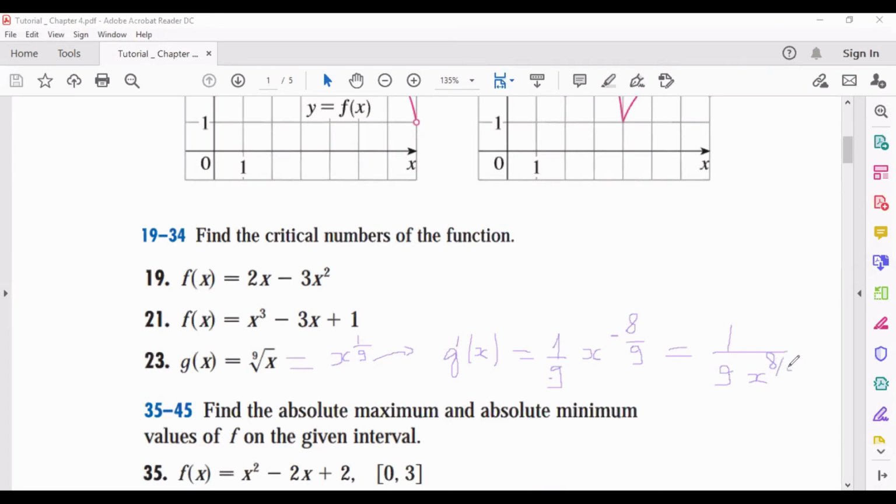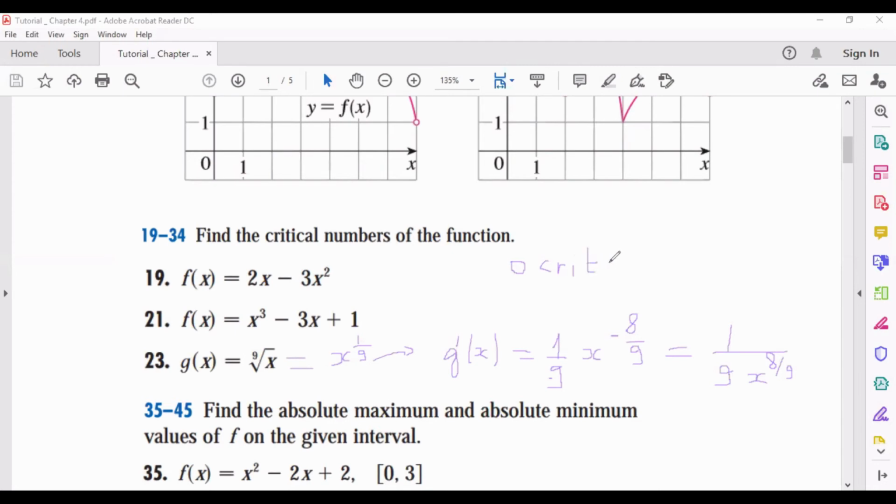It's defined everywhere except 0. Then 0 is a critical number. Why is it a critical number? Because the derivative is not defined there. Is it okay? 0 is a critical number because at this point the derivative is not defined.